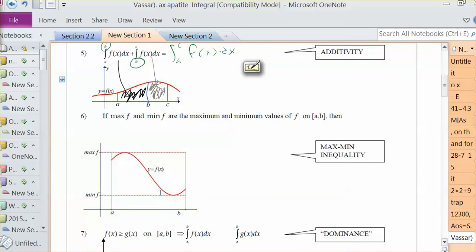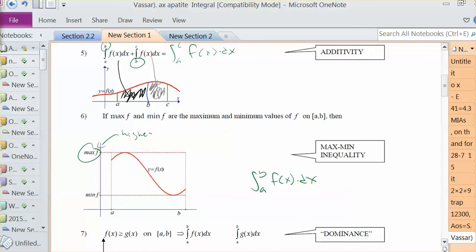Another one that's kind of good to know is the max-min inequality. Here's how this one works. I'm kind of curious how this relates to a typical definite integral from a to b of f of x times dx, which again is the area. Well, max f is the highest y value, right? Which of course happens right at that point.